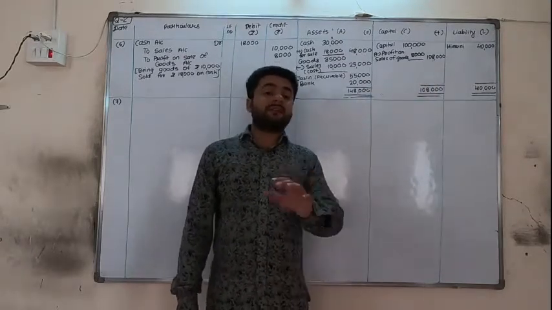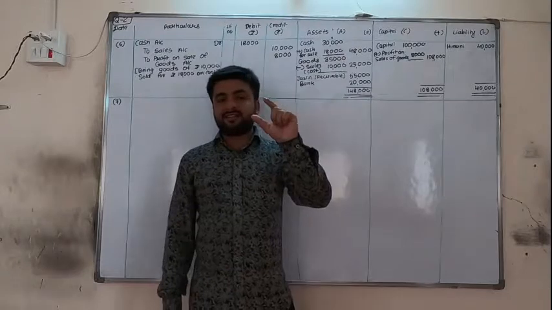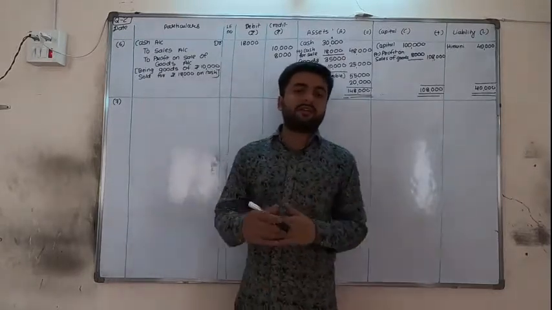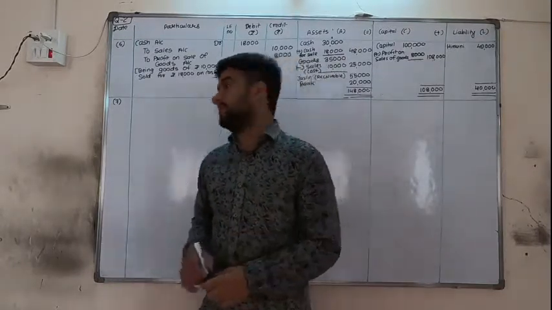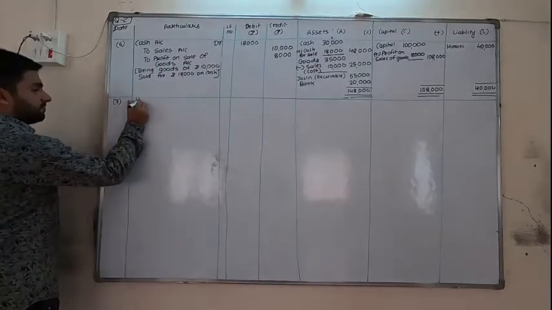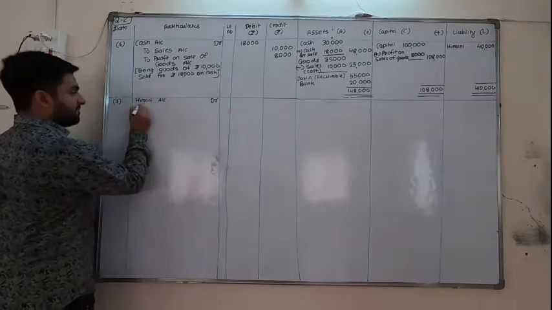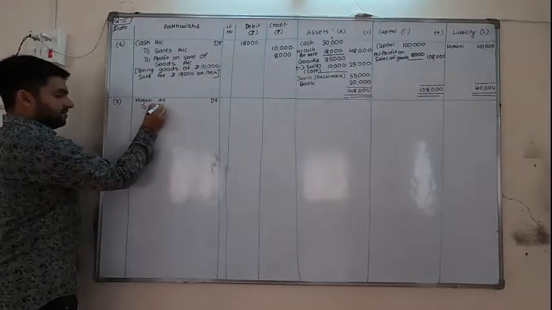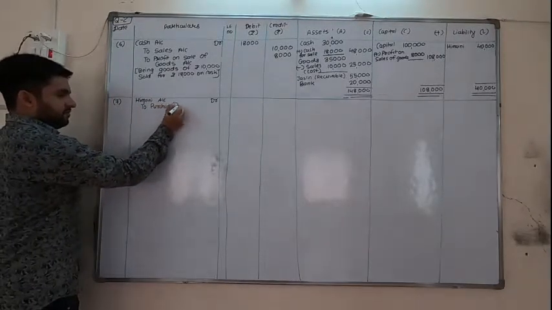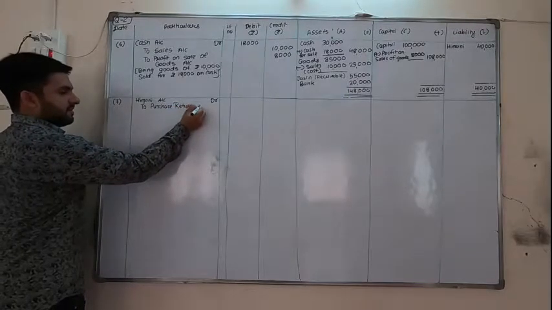Now we are returning back the goods. The 3rd transaction was purchase from Himani. Now we are returning back to Himani, purchase returns. Himani account debit to purchase returns account.